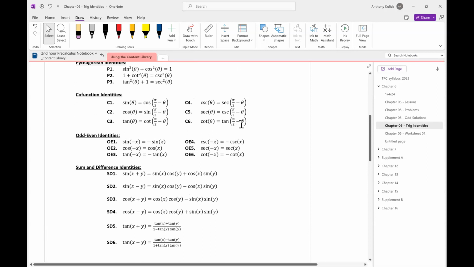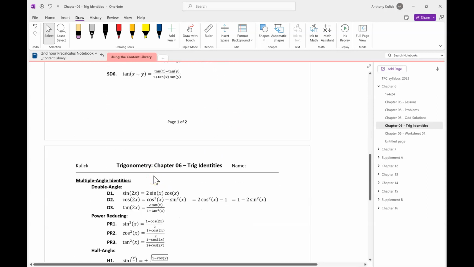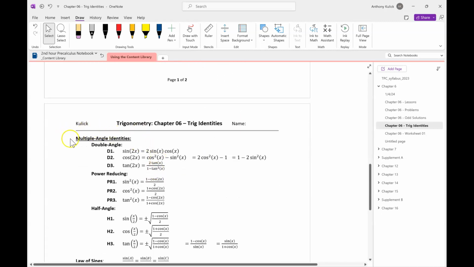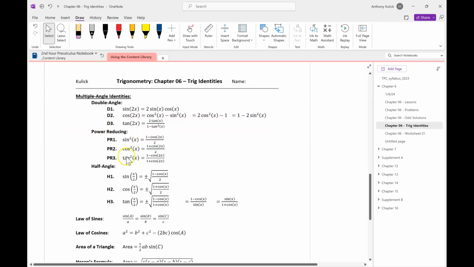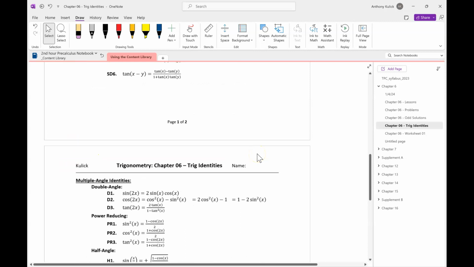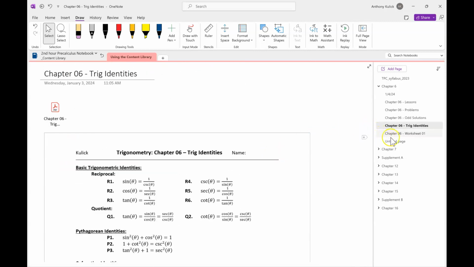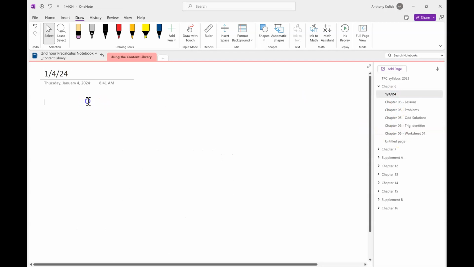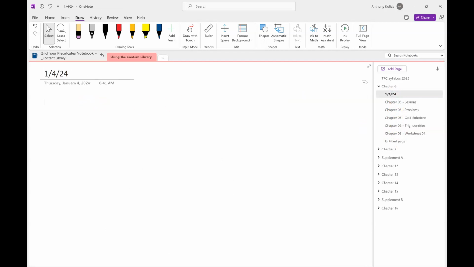In this chapter 6, we're going to see some new sets of identities. We're going to see sum and difference and multiple angle, meaning double, and then power reducing and half angle identities. But I'm not going to ask you to do any simplifying or verifying or solving with this.